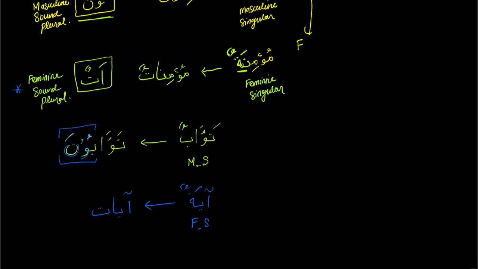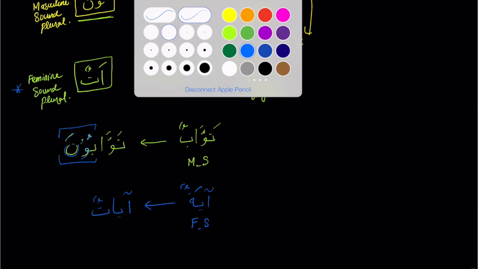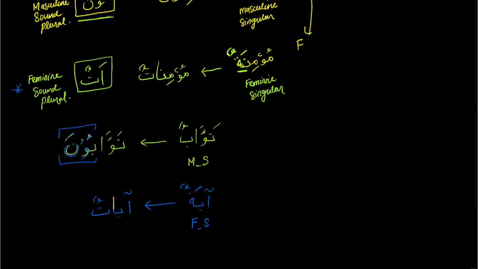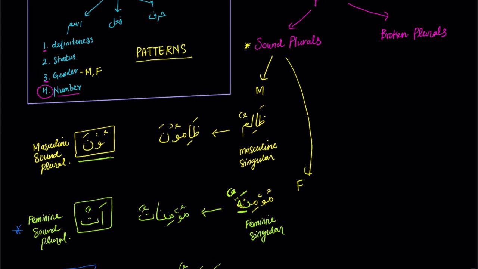This is the alif, the prolonged letter with the ta, the sound feminine plural. So this is now feminine plural. Okay, so that wraps up the discussion of sound plurals.